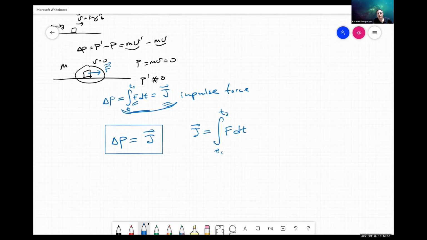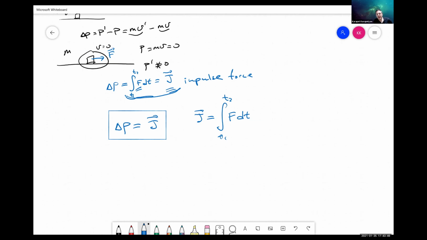Now, if you have one object like this box over here, then technically any type of force acting on it during some short period of time has the ability to change its momentum. For example, you push it to the right, you push it to the left, you're going to change its momentum. Or you drop a tennis ball, it goes down, then it hits the ground, and there's a normal force from the ground, and then it bounces back, and there's a change in momentum.